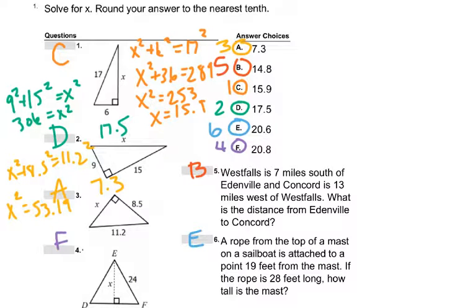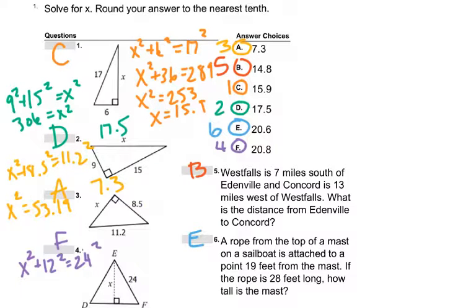For number 4, I'm going to set it up as x squared plus 12 squared equals 24 squared. Oh, the reason I got 24, sorry, I just confused myself, is that it says it's an equilateral triangle, so half of 24 is 12.